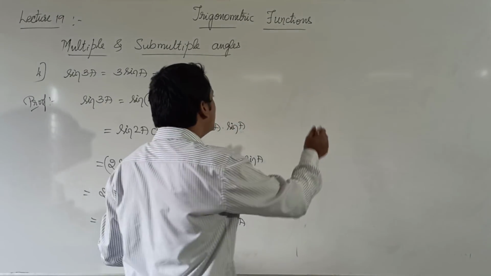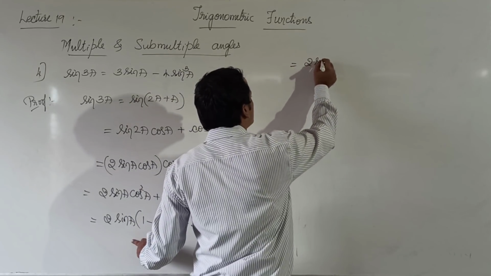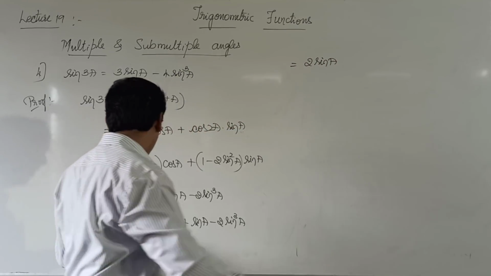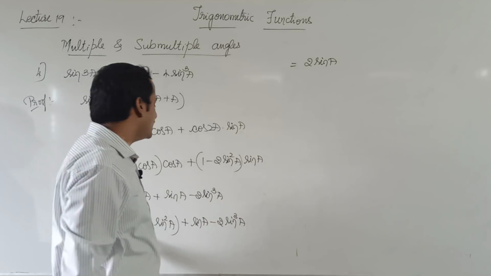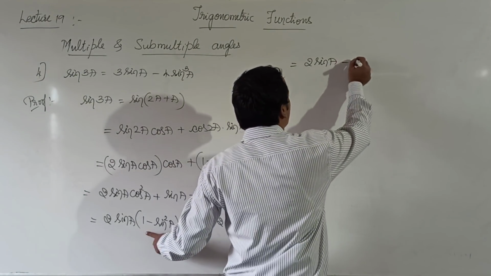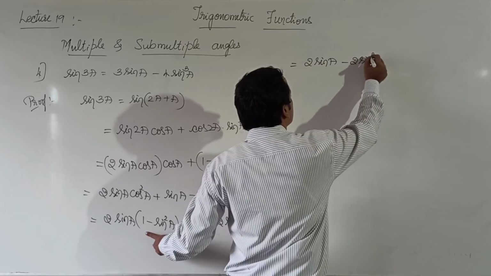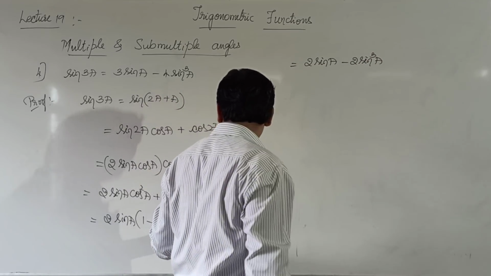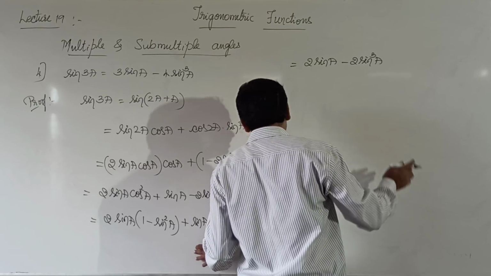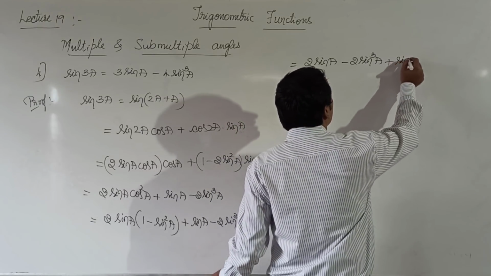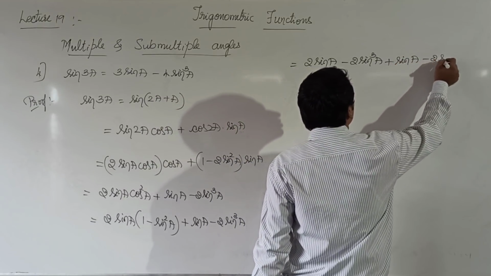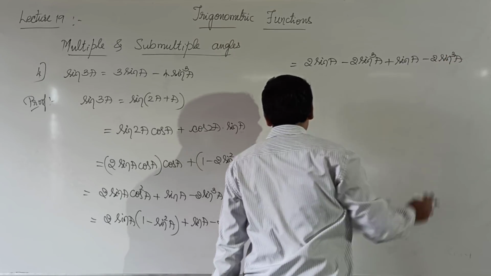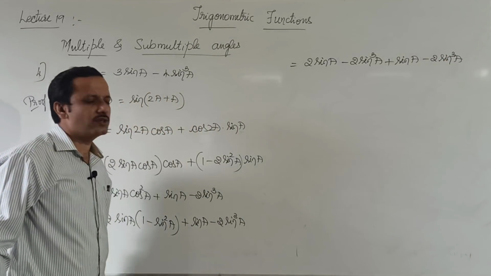This is equal to 2 sin a, you just multiply 2 sin a into this. So 2 sin a into 1, that will give you 2 sin a; 2 sin a into minus sin square a, that will give you minus 2 sin cube a; plus sin a minus 2 sin cube a.